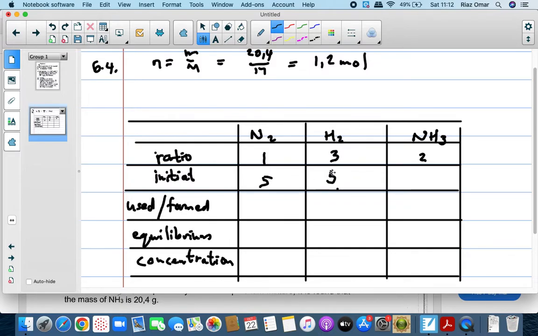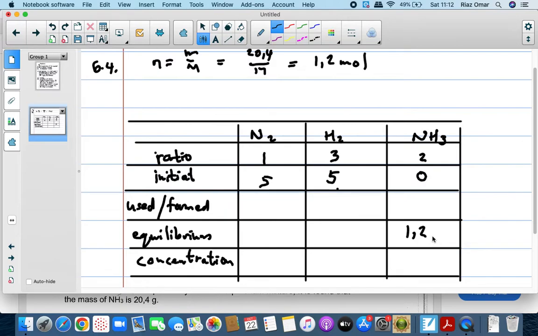There's no ammonia at the beginning. When we worked out the number of moles at equilibrium, we saw that there was 20,4 grams of ammonia. So we can say the amount of ammonia at equilibrium is 1,2 moles.